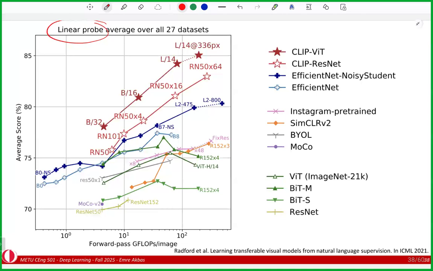And as you can see, linear probe using CLIP also produces the best results compared to, I don't know, ViT trained on ImageNet 21K, Instagram pre-trained models, SimCLR, BYOL, MoCo. These are the self-supervised learning methods that we have seen last week. So it's better than all of these things. But remember, these did not use any labels. These worked only on images without labels, but CLIP used a massive image caption dataset, so a massive labeled dataset.